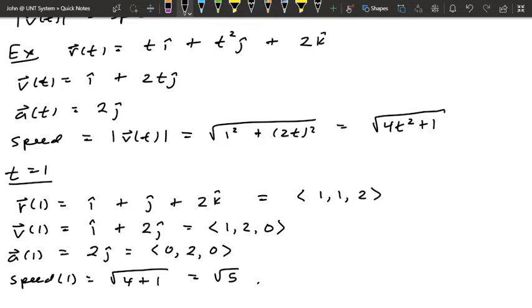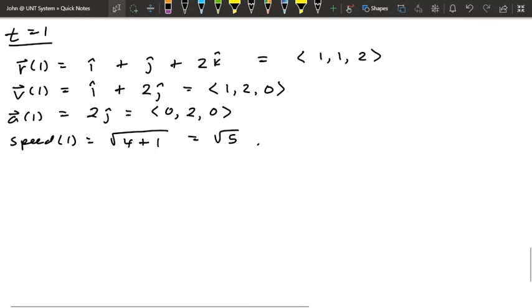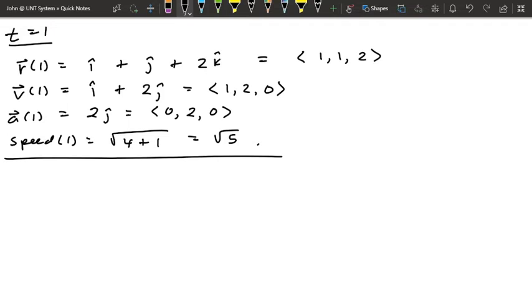All right, so that kind of question is pretty straightforward. There's another kind of question which is a little bit more tricky, which involves integration. I'll just mention this briefly. If you are given some information about r in terms of its velocity, you can sometimes figure out what the position function is.